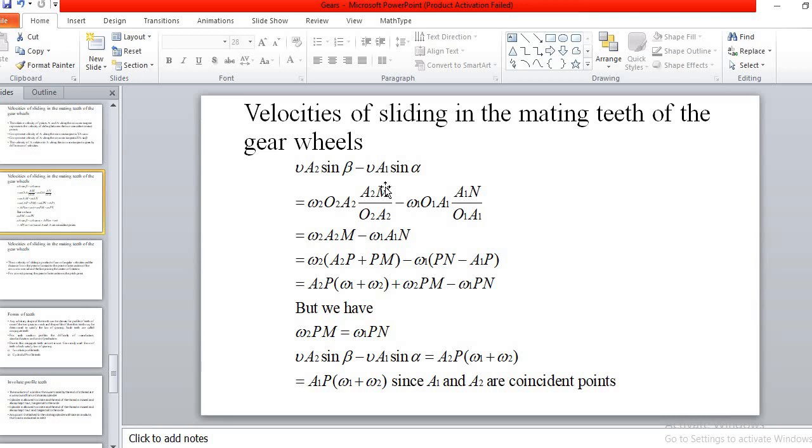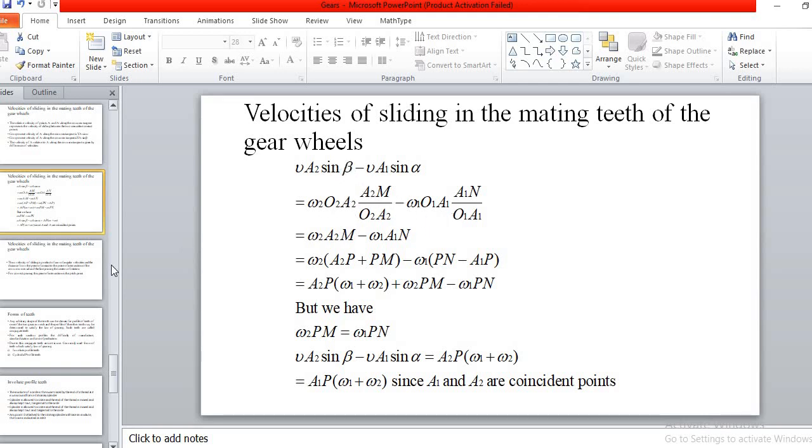This VA2 we can write as R omega. Here R for the second body is O2A2 and the angular velocity is omega 2. R for the first body is O1A1 and the angular velocity is omega 1. So R omega is written here.